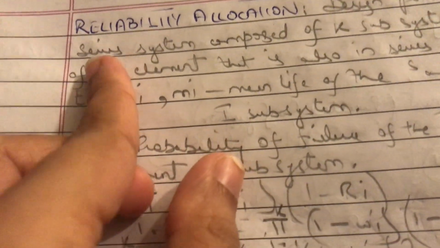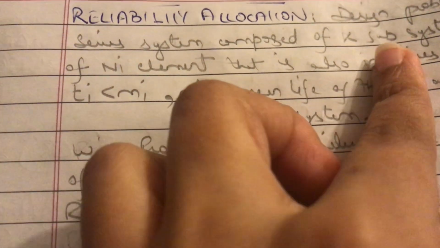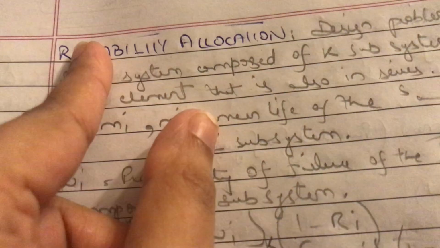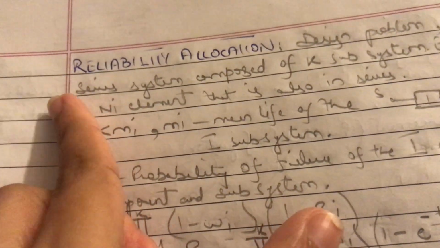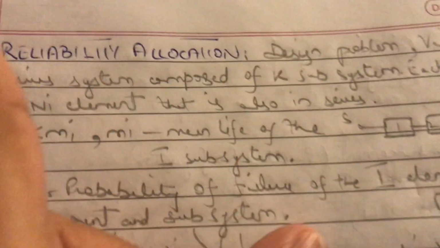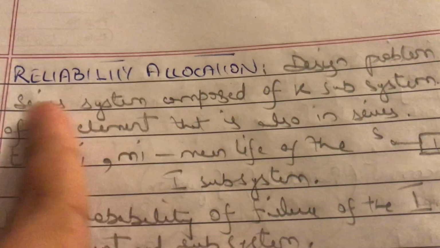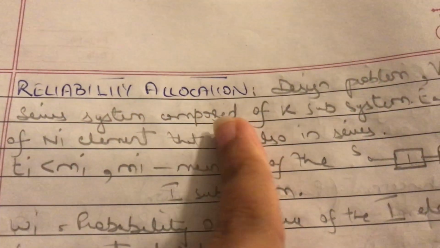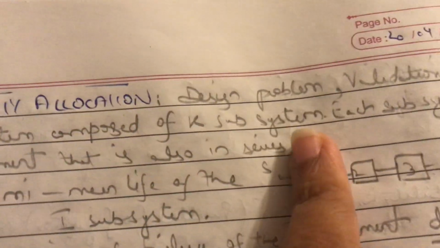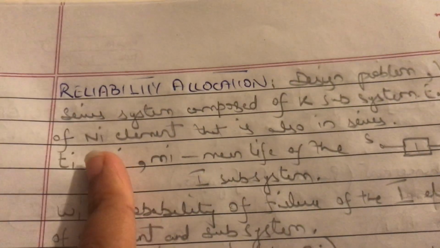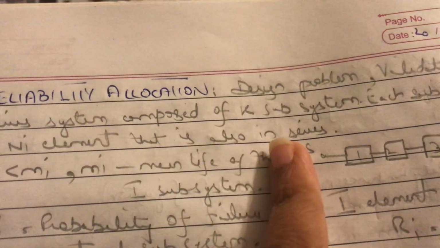As it's written here, a series system composed of k subsystems. For finding the reliability allocation, always remember that reliability allocation is for a series system composed of k subsystems, and each subsystem is composed of i elements that are also in series.